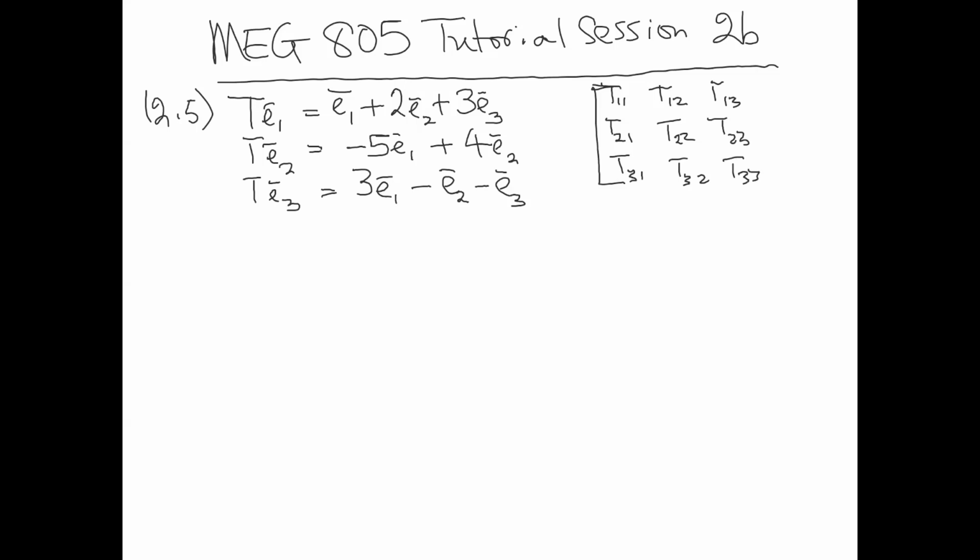Of course, we know that in index notation, a tensor T can be written as Tij Ei Ej. So what we have in the matrix form is actually the Tij.